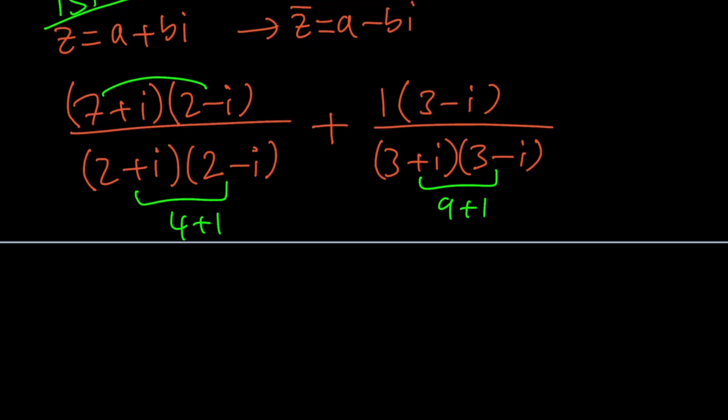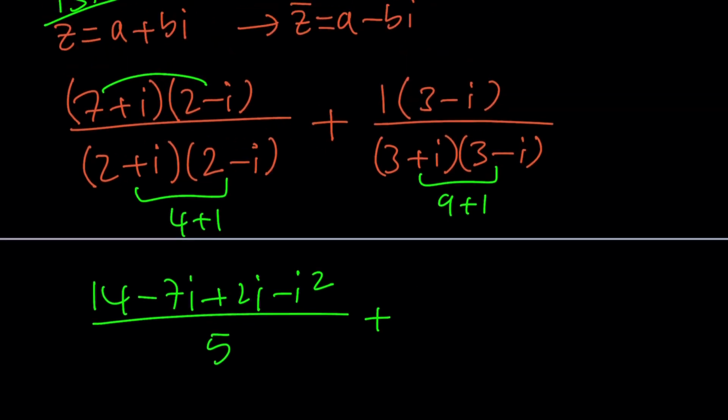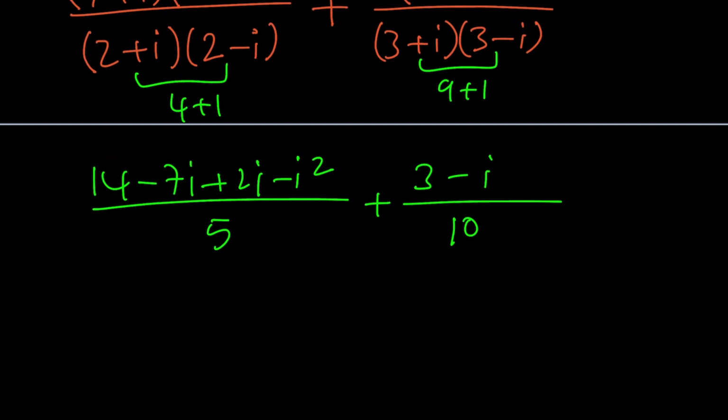7 times 2 is 14, and then we get minus 7i, and then plus 2i minus i squared. Now, notice that we didn't make a common denominator, so don't add the numerators yet. Plus 5. Here I get 3 minus i, because 1 times that, and then the bottom is just 10. It's good because 5 goes into 10, so that's a nice thing.